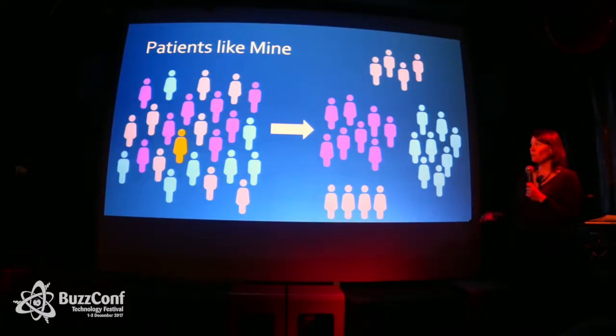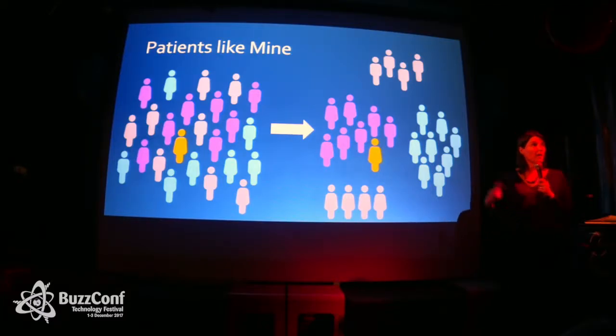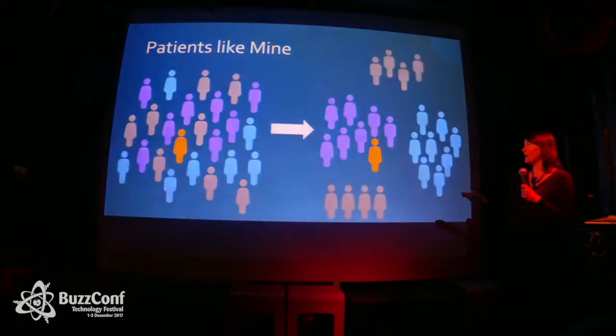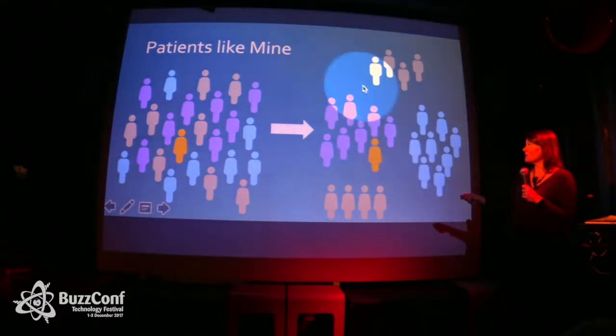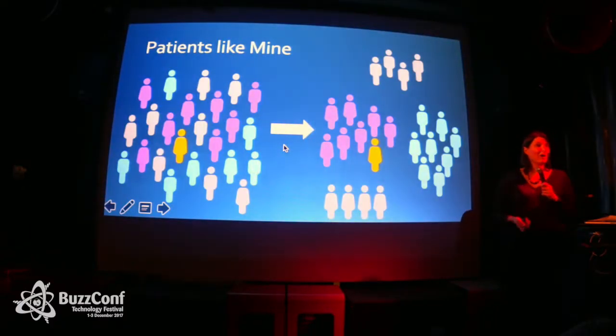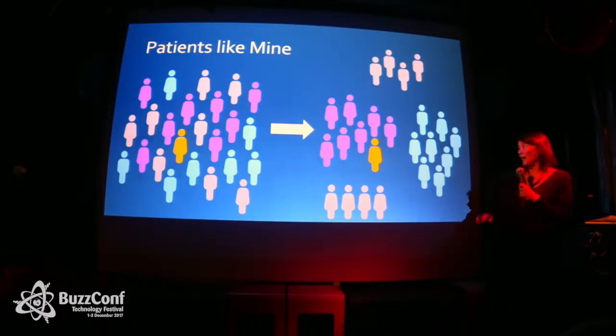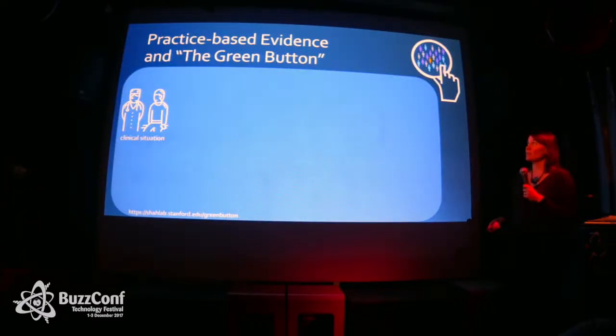If a patient comes into your office, let's say it's Miss Orange, you can work out what other patients in the record are similar to Miss Orange, so that you can then examine how those patients, all the purple people, might have responded to particular treatments or what diseases they are known to have.